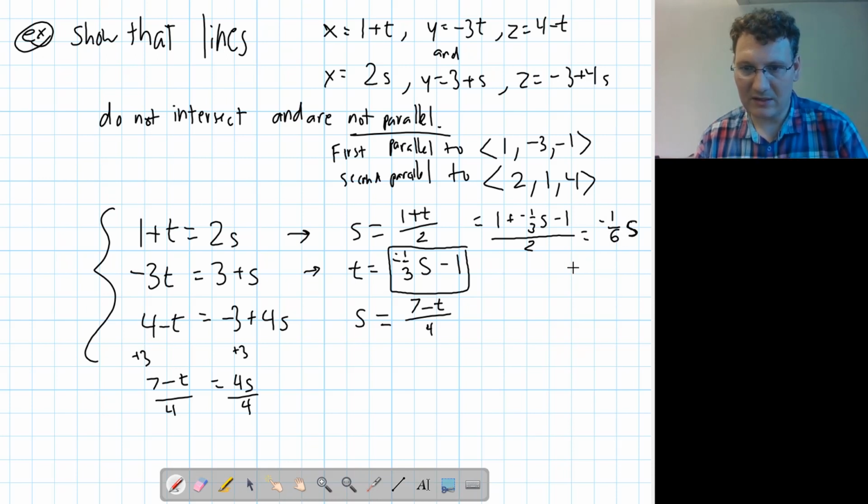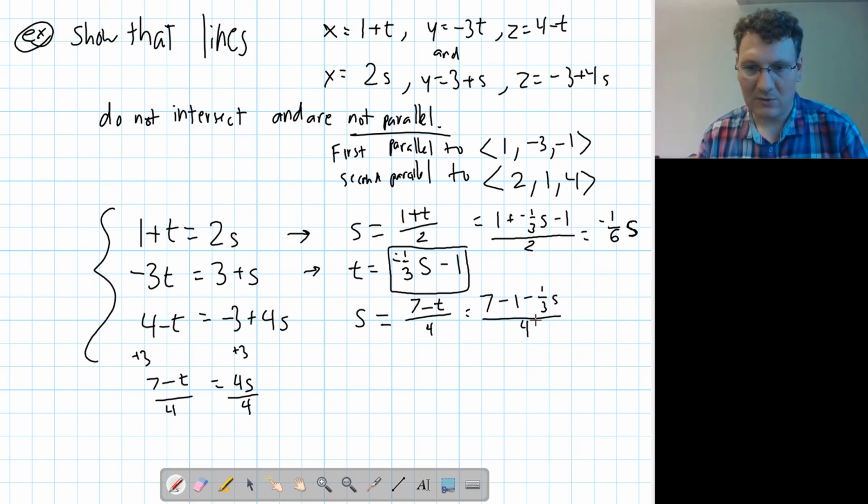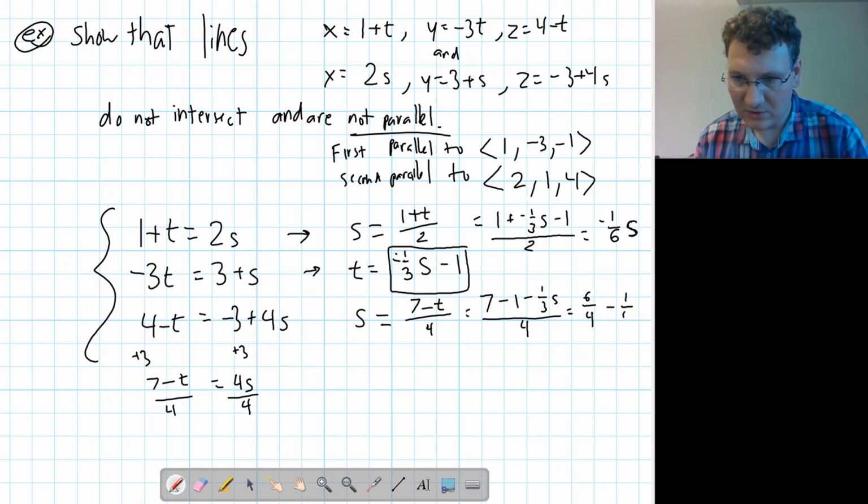The first equation is that s equals negative 1/6 s. The third equation, if we plug in negative 1/3 s minus 1, we get 7 minus 1 minus 1/3 s, and if we put the 1/4 out, 7 minus 1 is 6, so 6/4, and then minus 1/12 s.